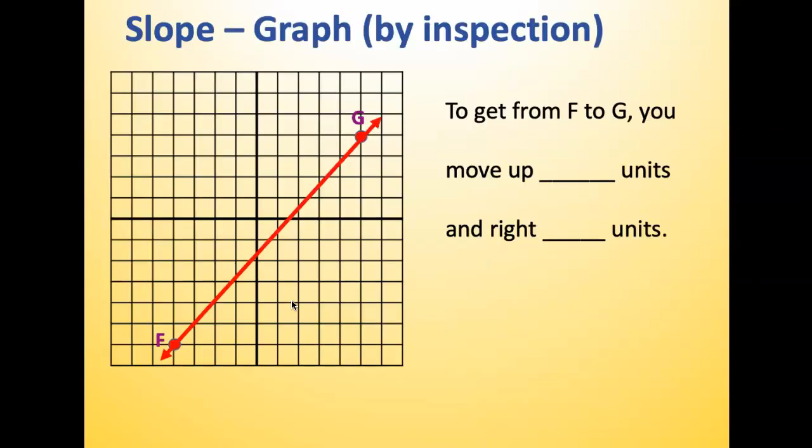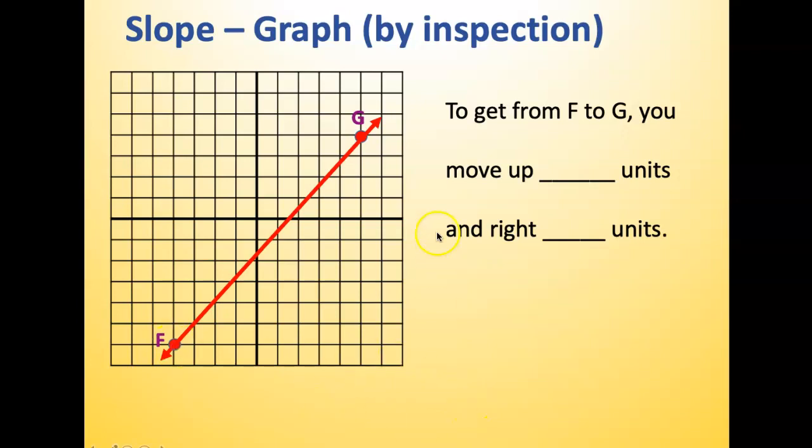Okay, so you can also identify your slope by inspection. On this slide, you will see a straight line and 2 points, F and G. By looking at the line, you can already describe it as a positive slope because from left to right, the direction is going up.